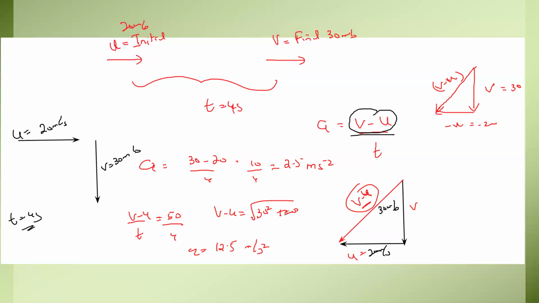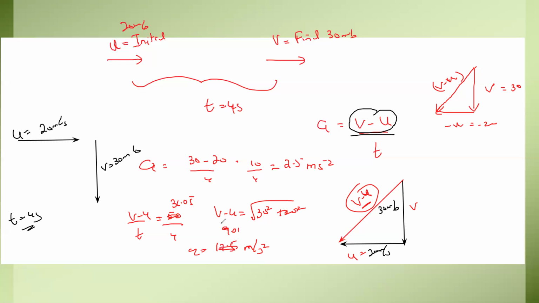So the square root of 30 squared plus 20 squared. What's the answer for this? Sir, it's 36.05. Okay, so this is 36.05. Then 36.05 divided by 4 is 9.01 meters per second square.